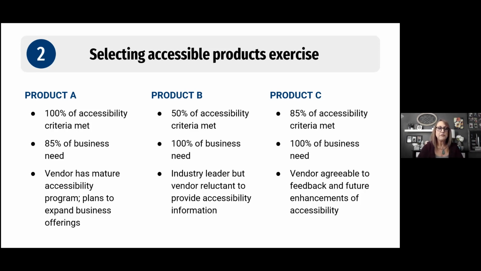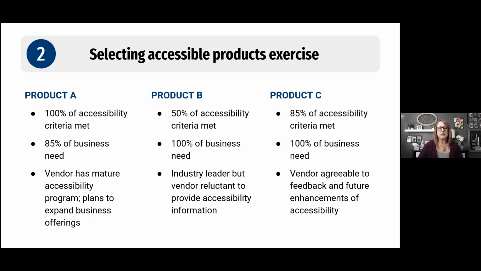Product B, 50% of accessibility criteria are met, 100% of the business need is met, and the company is an industry leader, but the vendor itself is reluctant to provide accessibility information at all. And then product C, 85% of accessibility criteria are met, 100% of the business need is met, and the vendor is agreeable to feedback and future enhancements for accessibility.